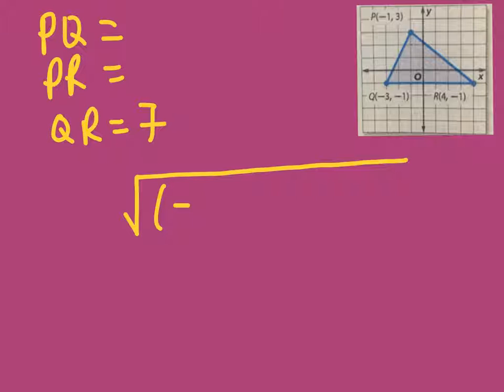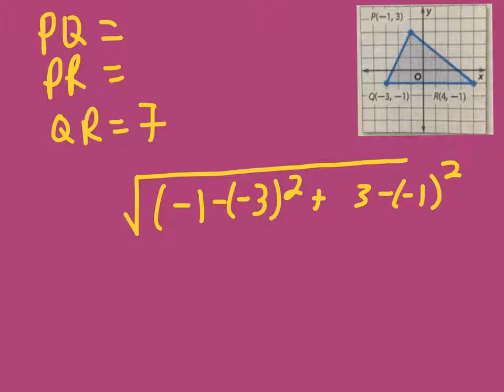Let's do negative 1, and then minus a negative 3. Remember, that's going to be squared. Add that to our y2, which is going to be 3, minus our y1, which is going to be negative 1, and square that.